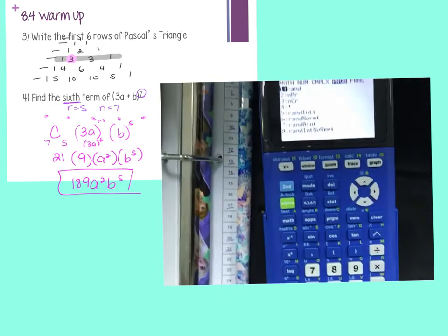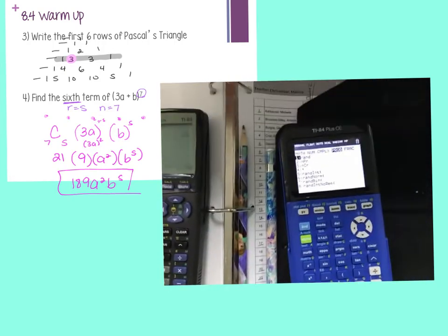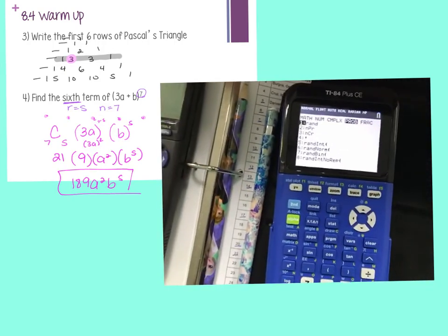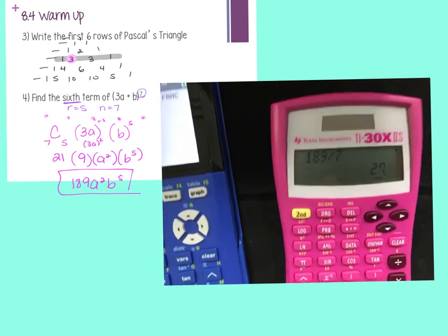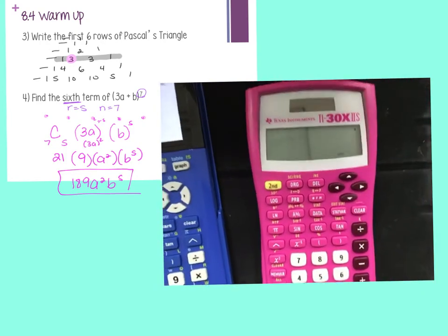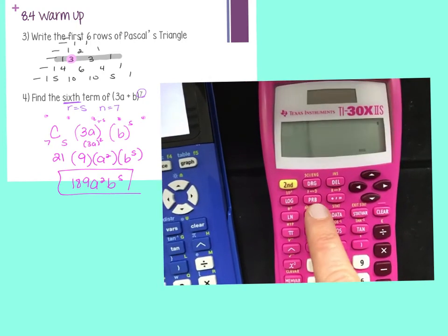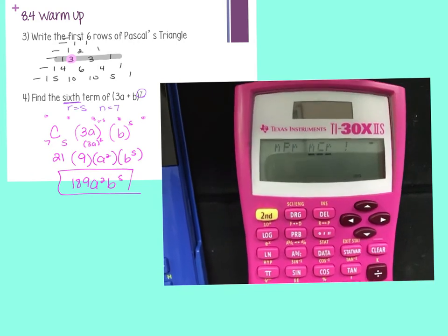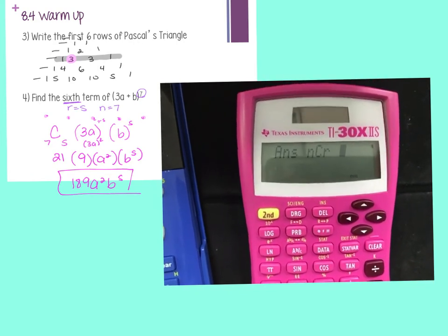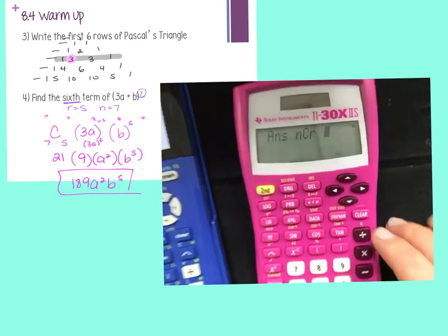Let me see if I have the other pink one, because a lot of you have this one. This is how you know you're a nerd or a math teacher. On this calculator, there's a PRB button. If I hit it, there's my NCR, the second thing there, and it looks just like the other one. So you have to do the order the same way.